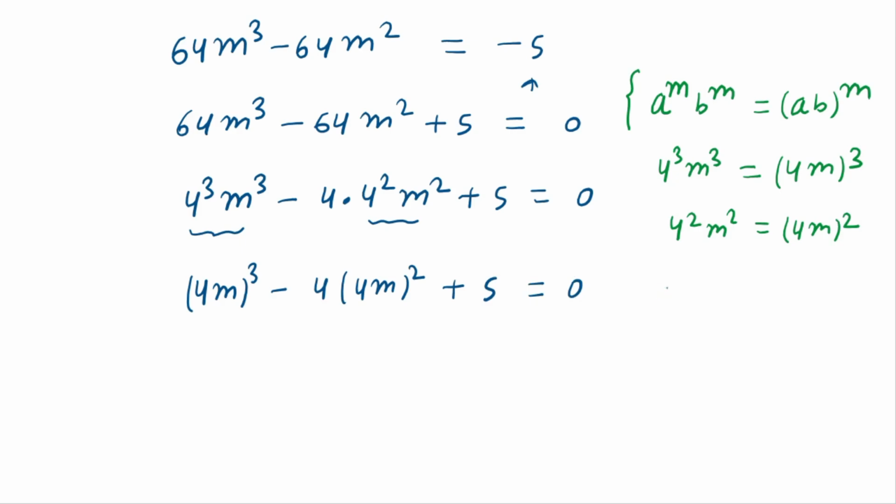Now if we substitute 4m equals, let's say, x, then this expression is x cube minus 4x square plus 5, and this equals 0. This is a cubic equation.